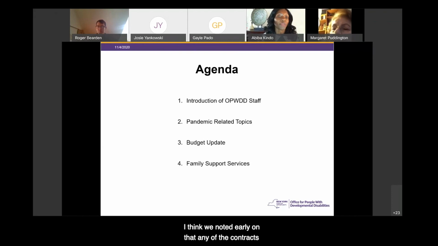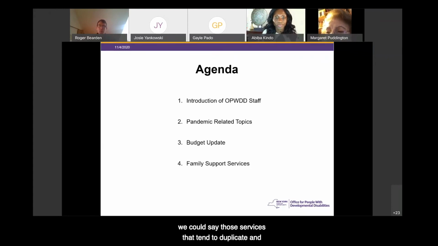I think we noted early on that any of the contracts that are duplicative of other supports and services in the delivery system, waiver services, et cetera, would certainly be on the table for us to look at and see whether or not it makes sense to continue those contracts. So they are under review. Have we made any specific decisions at this point? No, but we are reviewing them closely. And that could be one of the prioritization criteria if we needed to achieve some fiscal savings in this area.